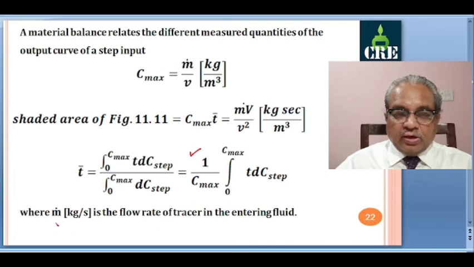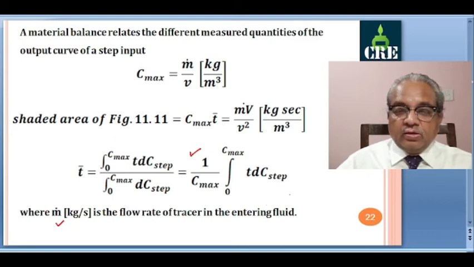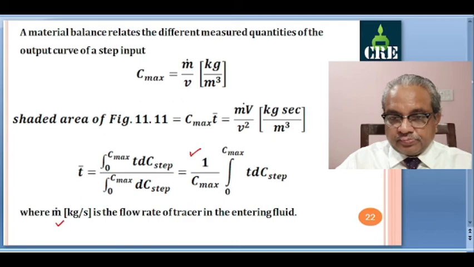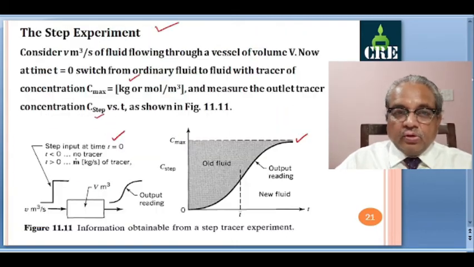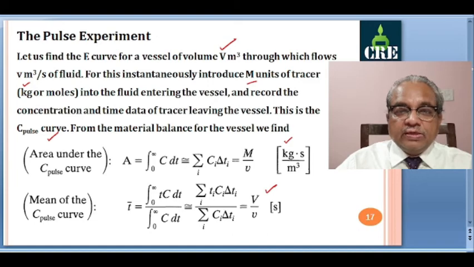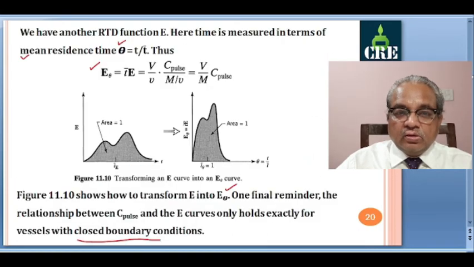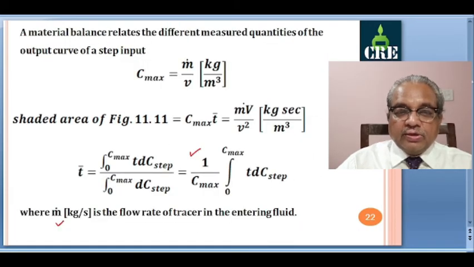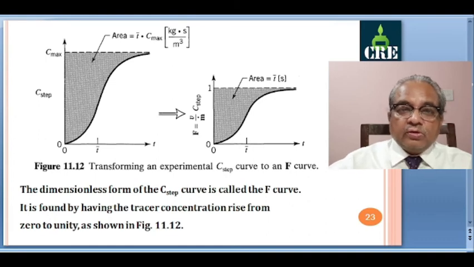Here m dot is in kgs per second, the flow rate of the tracer entering the fluid. In pulse input, we introduced m units of tracer in kgs. Here it is at some rate m dot in kgs per second.